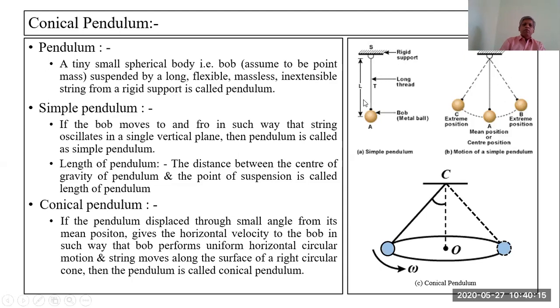Now, here we are studying the conical pendulum.